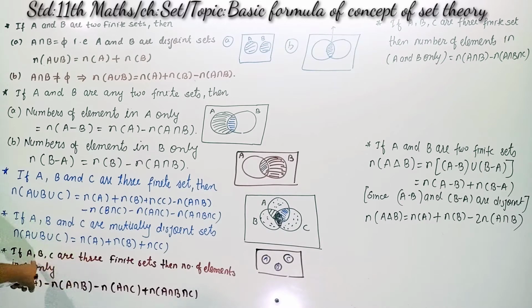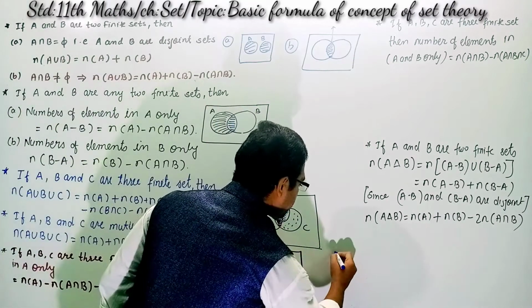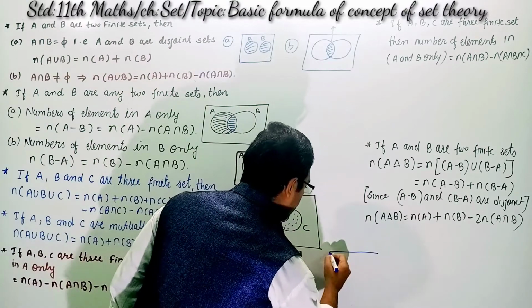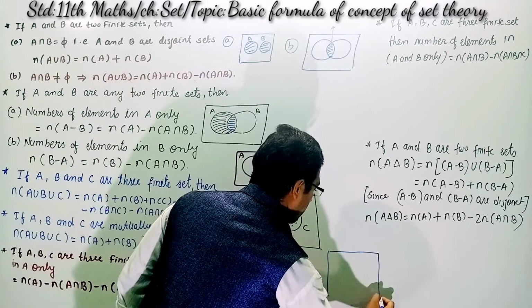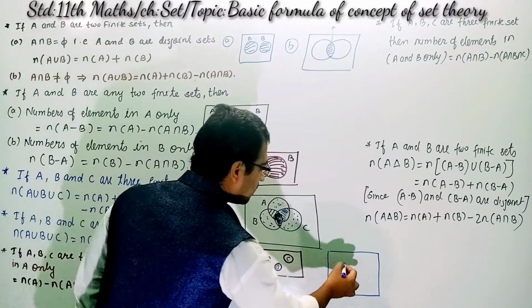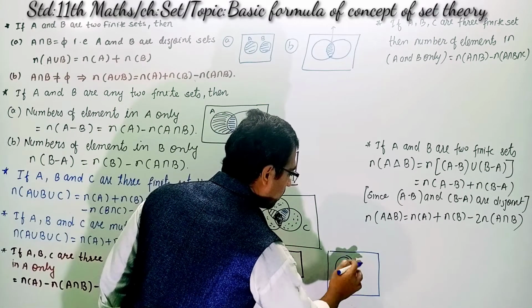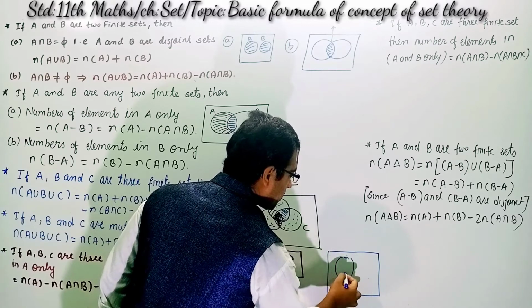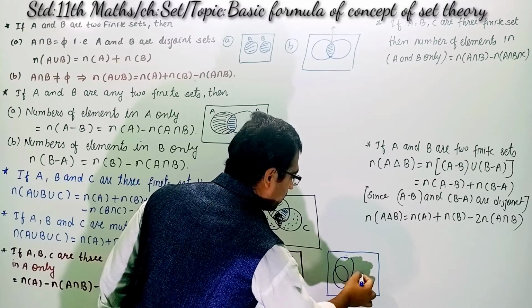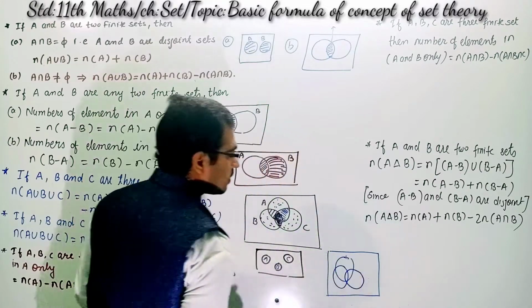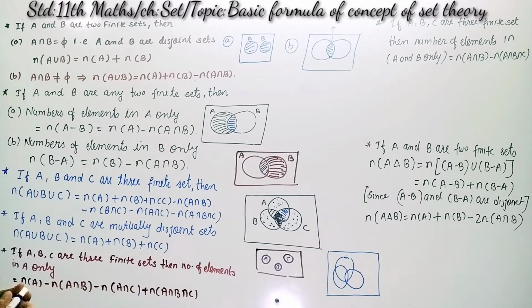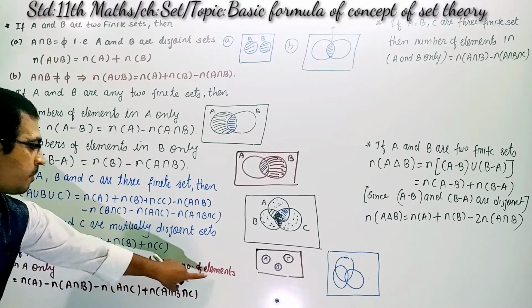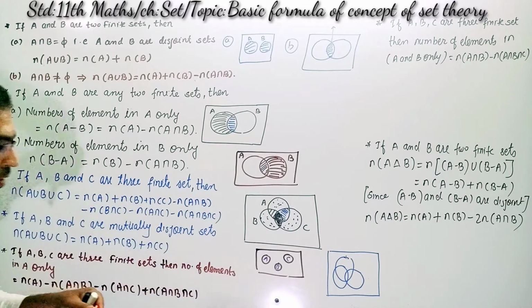Let us draw the diagram over here: A, B and C. Okay, students, we want to find the number of elements in A only.